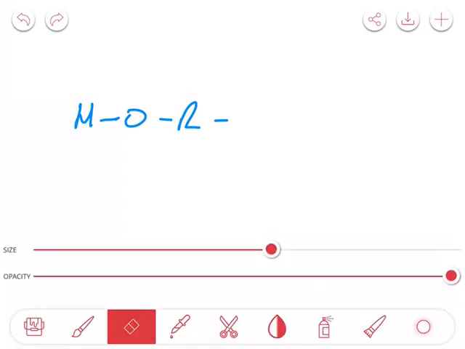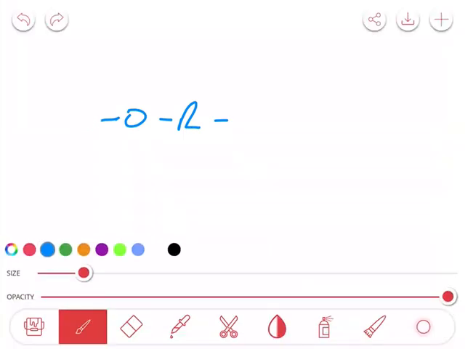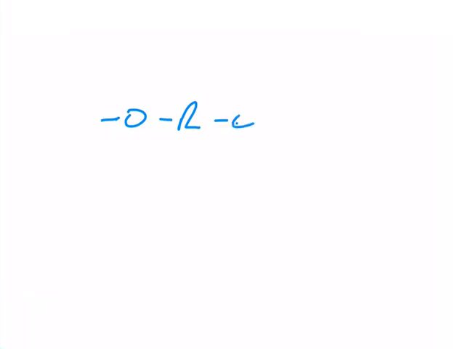It would be exactly the same if it was part of a polymer, so let me do it that way.